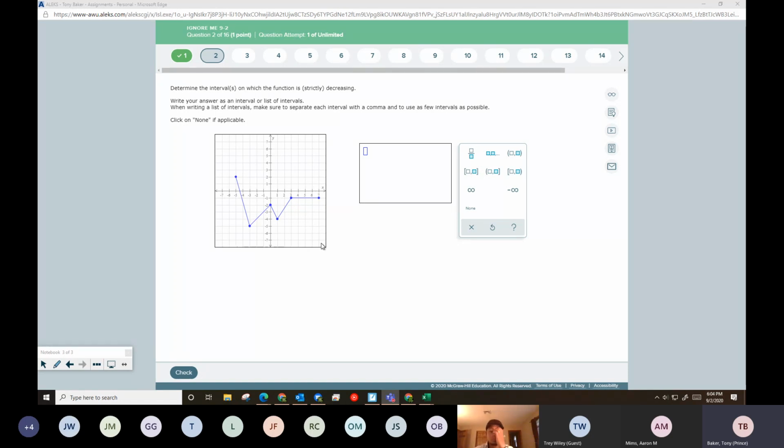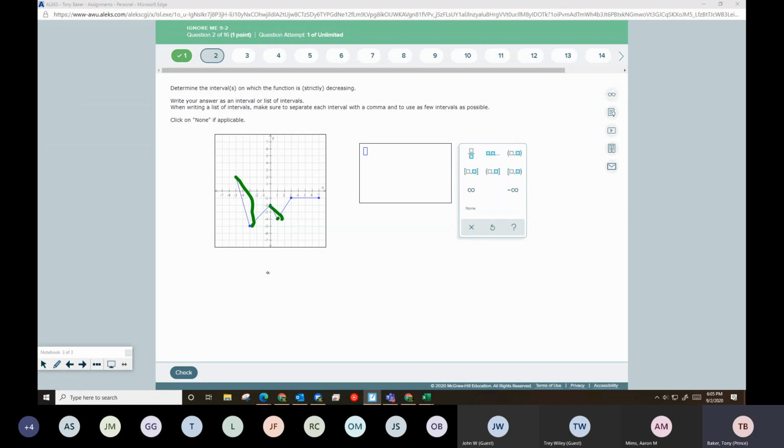Now, this question's asking for strictly decreasing. So you cannot decrease at a specific point. So since it's decreasing, it's going to be all the open parentheses. So for this one to be decreasing, we're going to be looking at it only from there to there, and there to there.